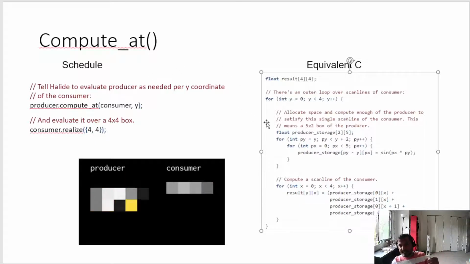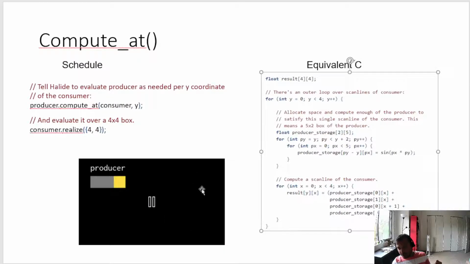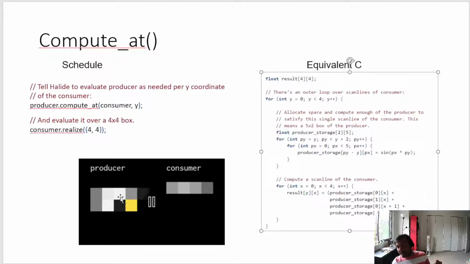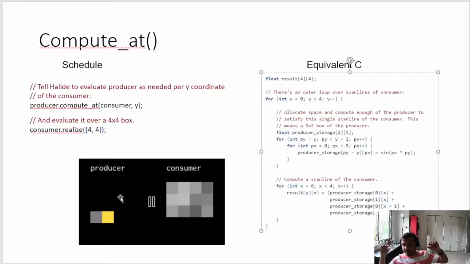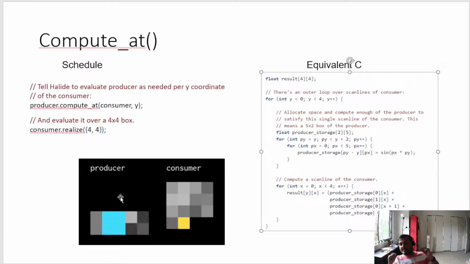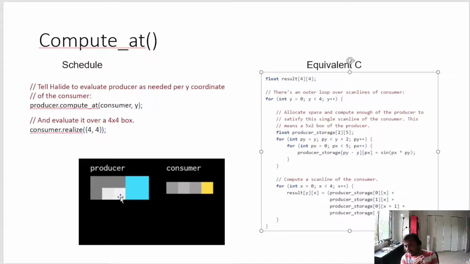Now there is a slight redundant computation being done. If you look between the first and second rows of my consumer, the second row of the producer is being computed twice, right? Because it's a 4 by 4 grid, the middle row is being computed twice. So that's a bit of redundant computation that's still being performed. Now let's get rid of that.